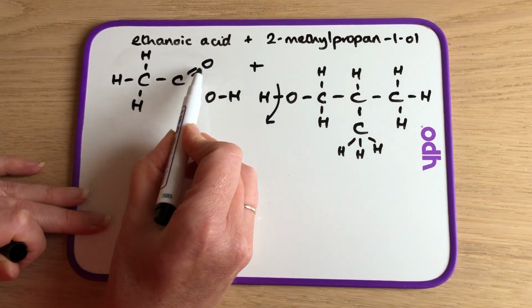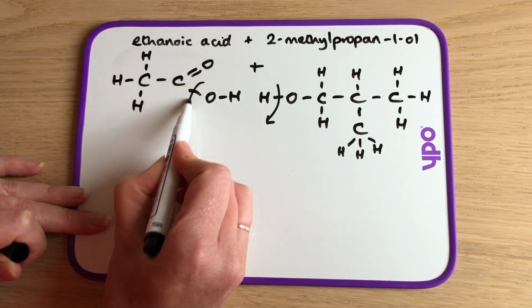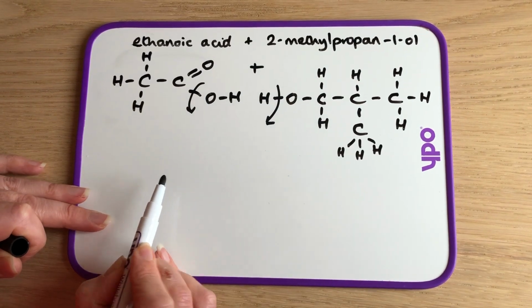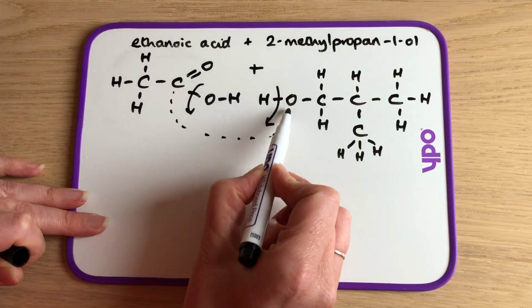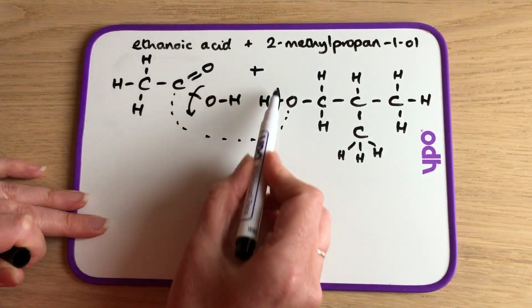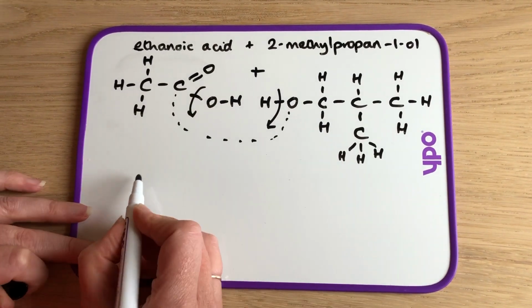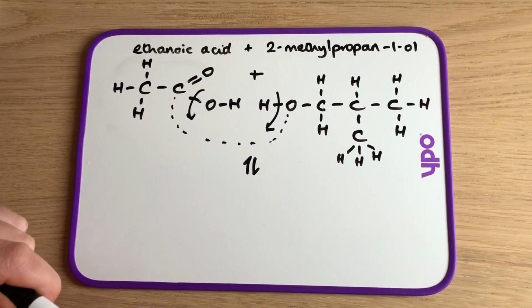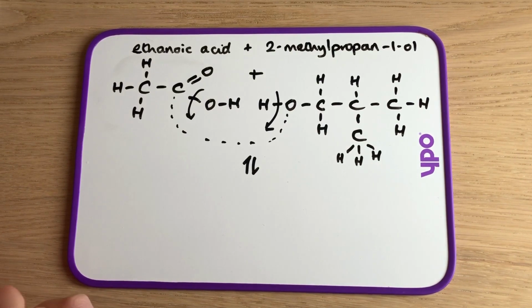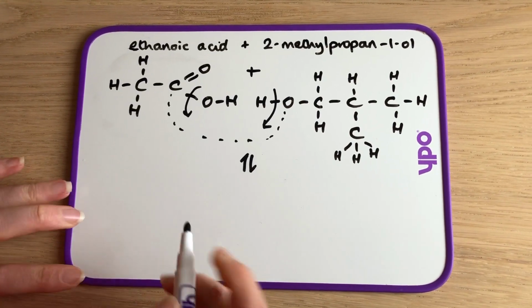I'm going to leave an oxygen on here, so I'm going to break that bond there. So you'll see then that this carbon is going to effectively join up with that oxygen, and we've got the small molecule being released, and here it's water. Now it's a reversible reaction when it's done with the conc sulfuric acid with heating under reflux.